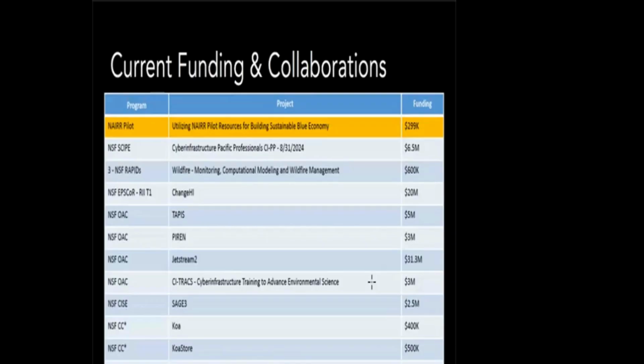The Pyron project here is actually done in collaboration with the rest of ITS. So it is a networking grant that really provides the high-speed networking for all of UH.